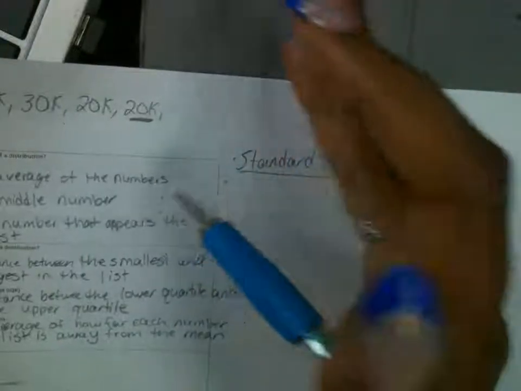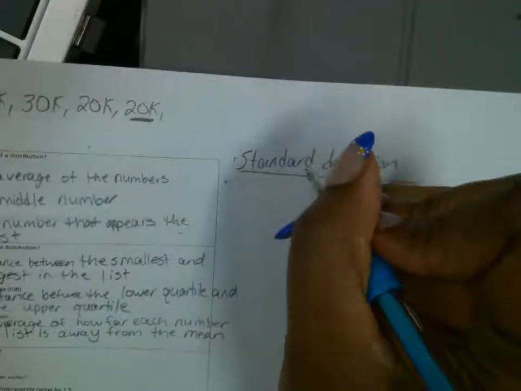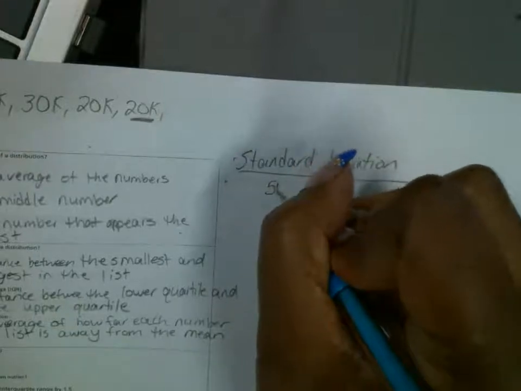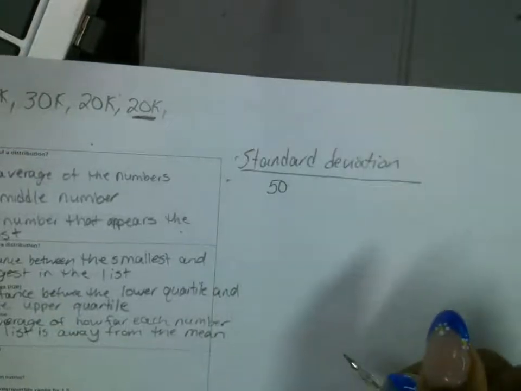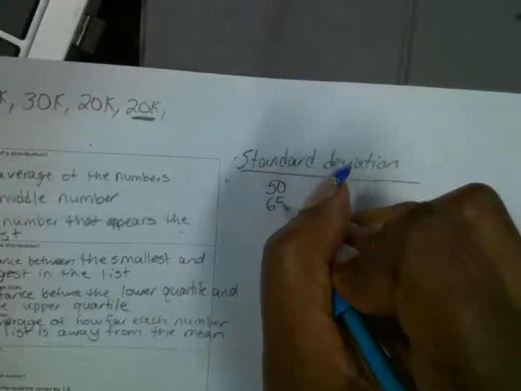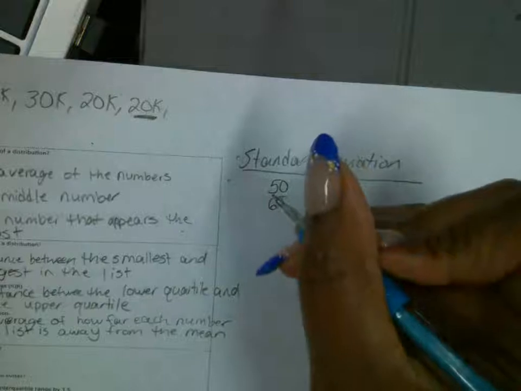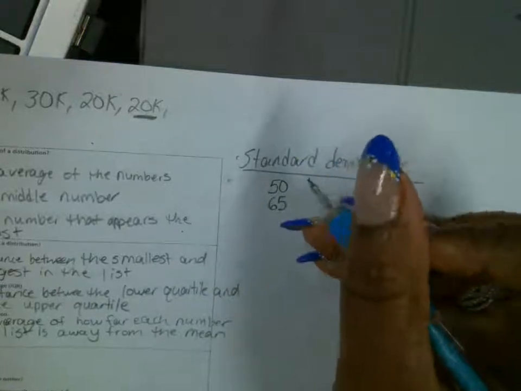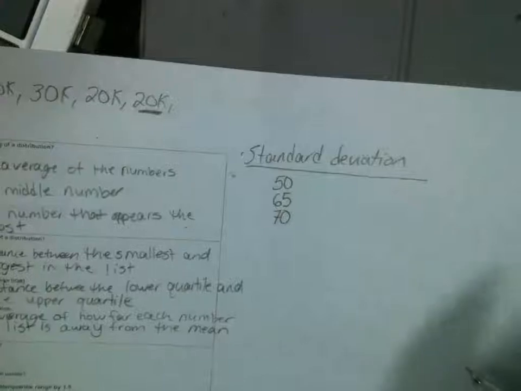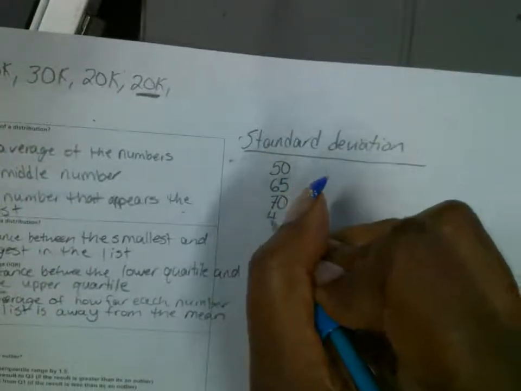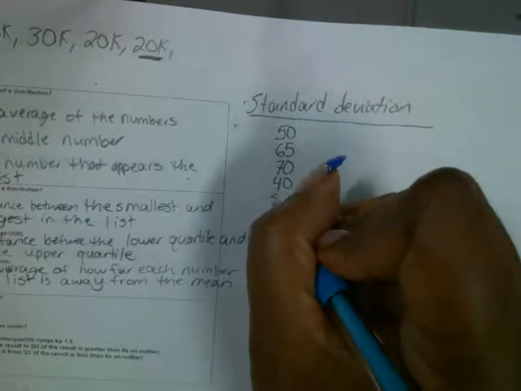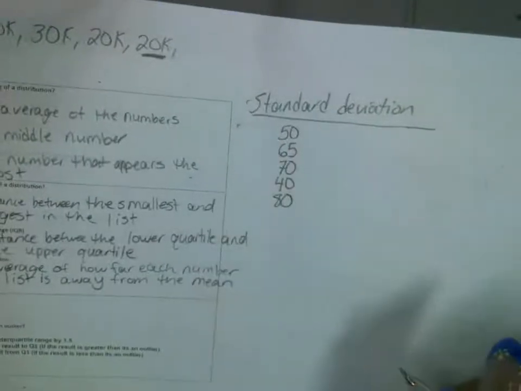So let's suppose, let's do math grades. Let's suppose that Sue made a 50 in class. And Joanna did good. She made a 65. And then Mary Ann made a 70. And Lula Mae made a 40. And Billy Bob made an 80.